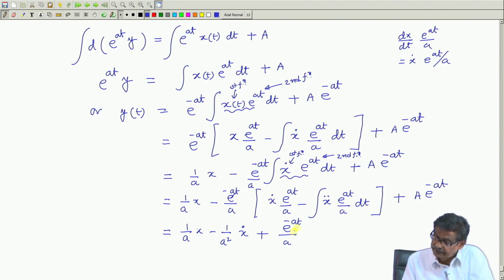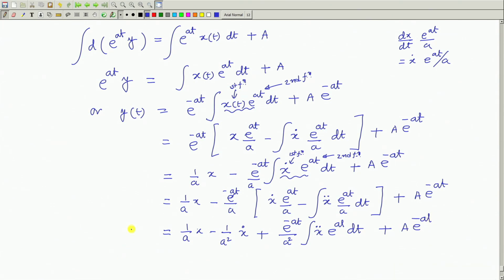This a will also come out, make it a square, and you will be left with x double dot into e to the power a t dt, and plus of course this term A e to the power minus a t. This you will get.